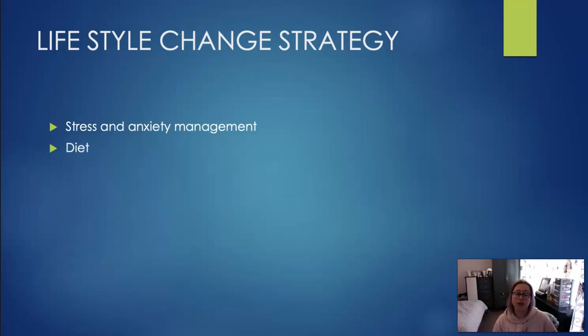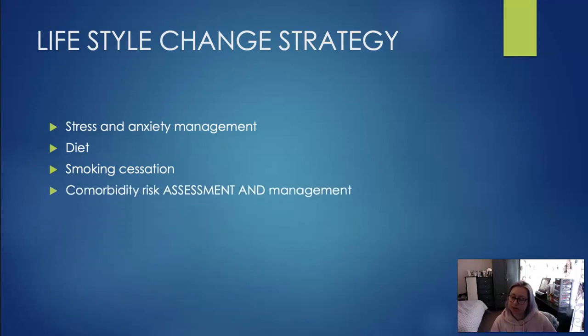But it might also be a change in the diet. It might be supporting patients with smoking cessation if patients are still smoking. Again, making them understand and giving them that help and support to make those informed choices to actually stop smoking, which again, I'm sure you did all about when we did health education, and we did our stages of change model about how to support patients with stopping smoking.